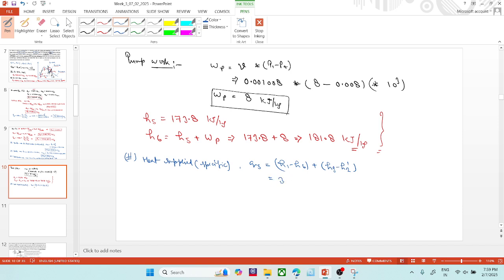So I will put some values here. H1 value I am having 3349.6 minus 181.8, which I just calculated, plus H3 value is 3353.9 minus 2815.5.